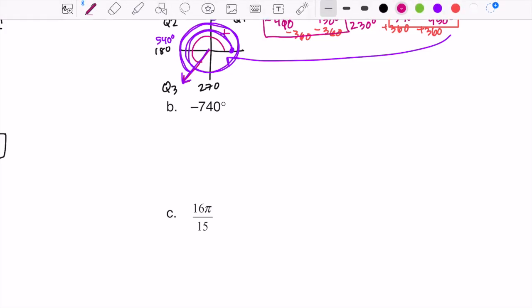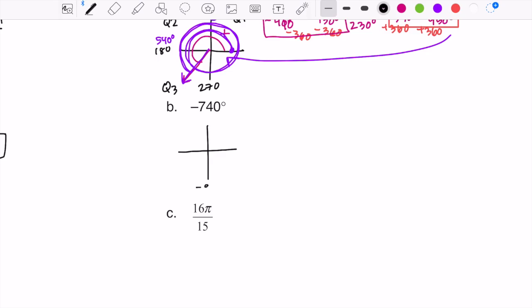All right, so the first thing we've got to do is graph negative 740 degrees. These kinds of things are a little bit tricky for students. So again, your best friend is going to be knowing your times tables.